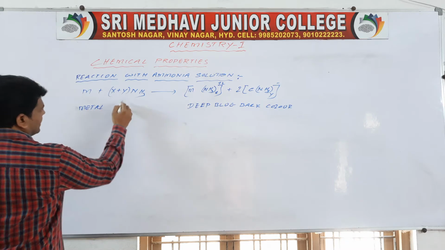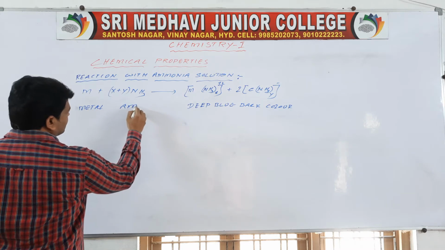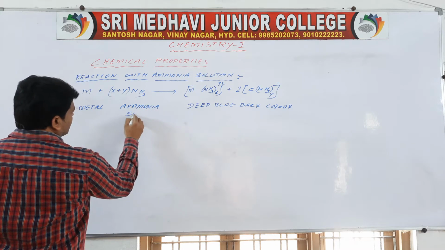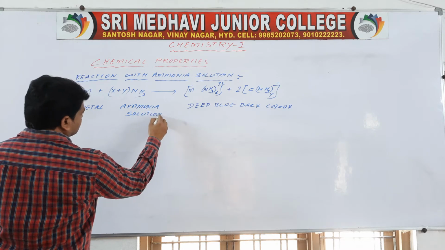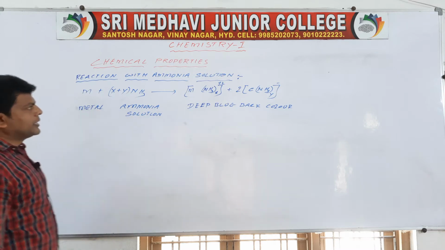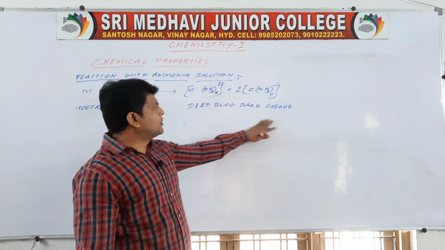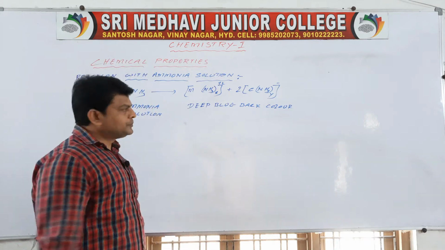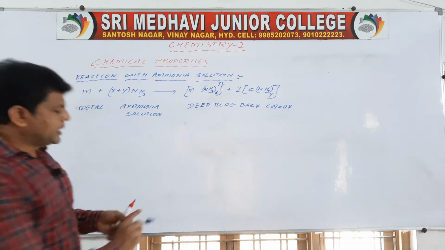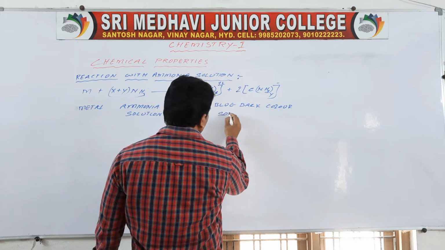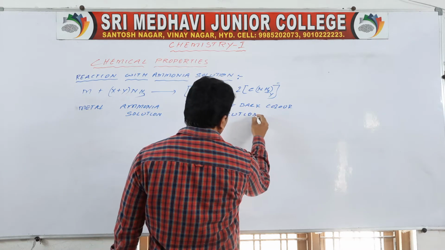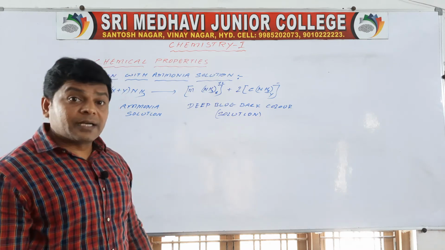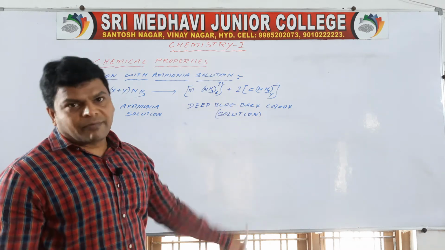It is a metal, it is ammonia solution, then it gives rise to a deep blue black colored solution. This ammoniated solution conducts electricity due to the presence of ions.